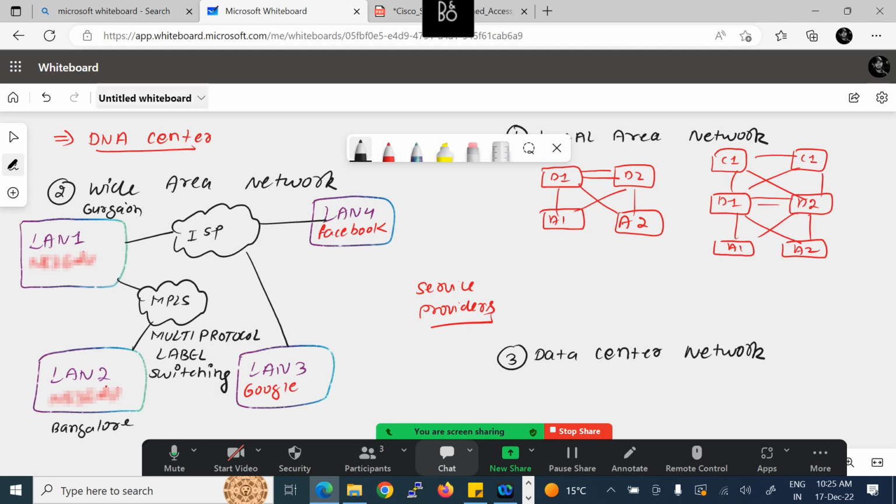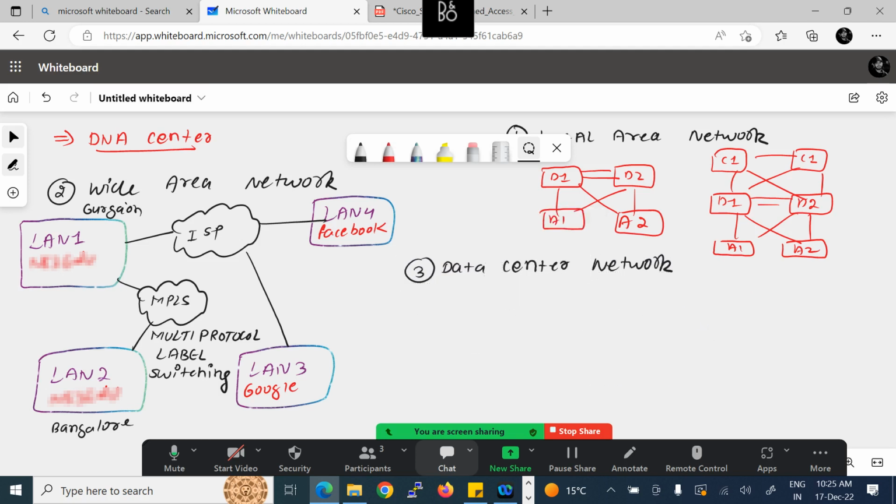And if we talk about data center networks, in data center networks we have an architecture which is known as spine and leaf architecture. So here I have the servers, server 1, server 2, server 3.